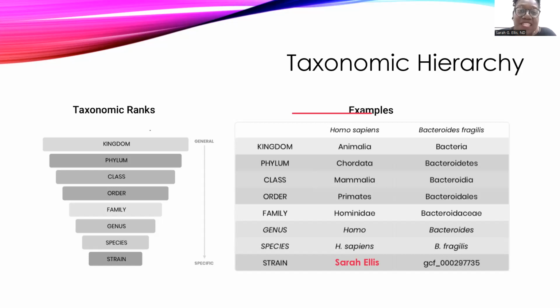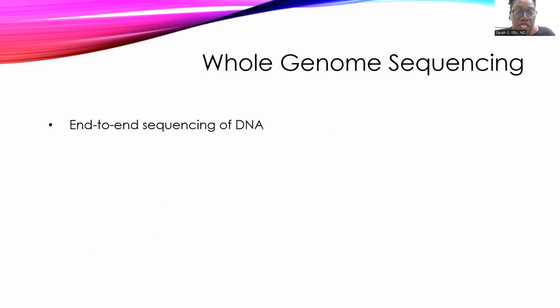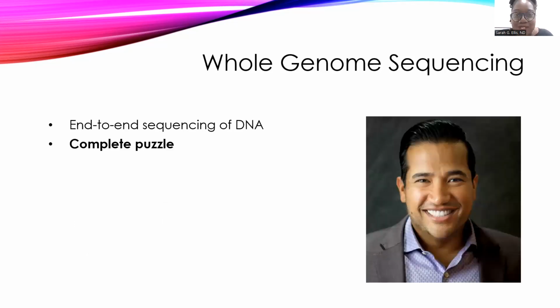With bacteria, it's very similar. We have bacteria. It can go down to the Bacteroides genus. And with BiomeFx, we can go down to the species and even the specific strain. So whole genome sequencing provides end-to-end sequencing of DNA, and it completes the puzzle.